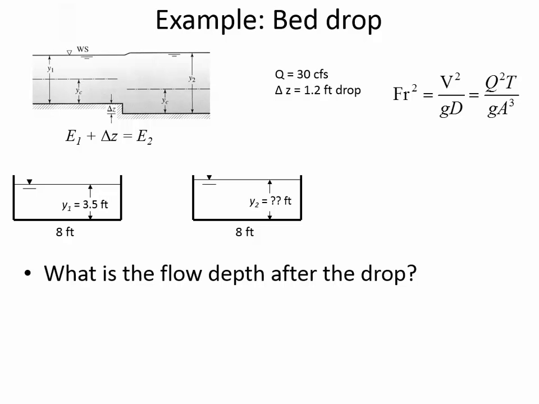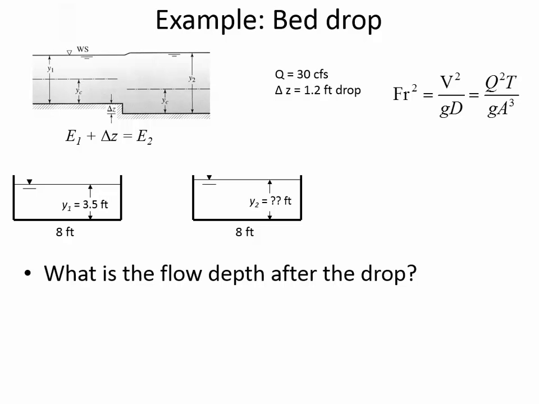Okay, so we'll plug in the numbers there. The flow rate is 30 cubic feet per second. The top width is easy since it's a rectangular channel. The top width is always going to be 8 feet regardless of what the depth is. g in traditional units is 32.2 feet per second squared.